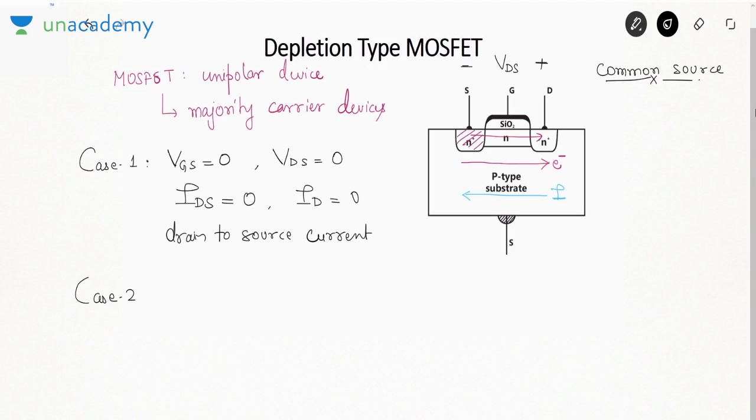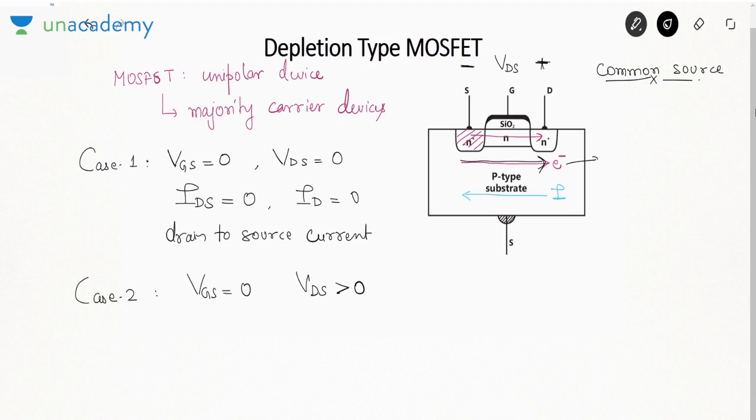Now in case 2, suppose VGS is still 0, but we have applied VDS. If you have applied VDS, that means electrons will flow from low potential to high potential. Electrons always go from low voltage to high voltage. So electrons will go from source to drain.